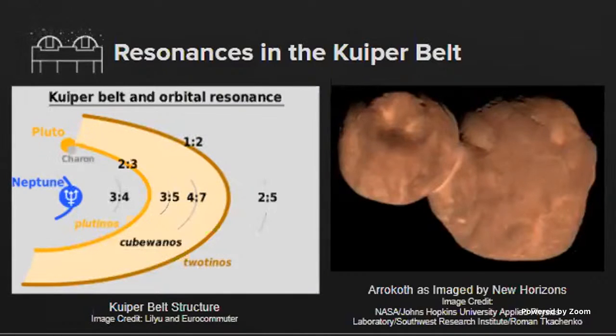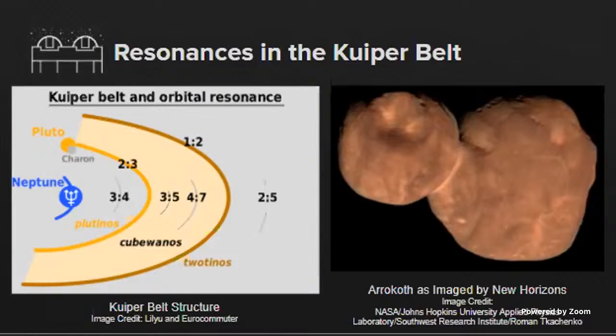At the outer edge of the Kuiper belt, there are Twotinos, which orbit the Sun once for every 2 orbits of Neptune, and beyond this point, far fewer objects have been found. There are also more complicated orbital resonances that can exist, although these are less important.